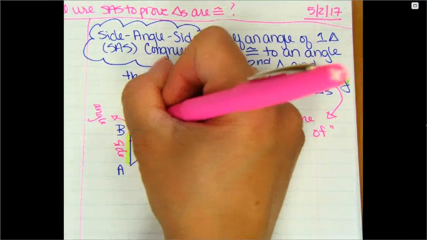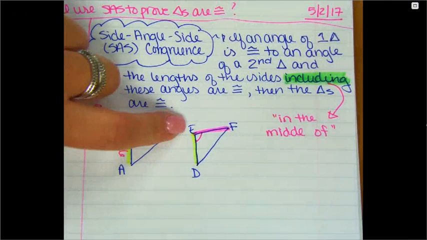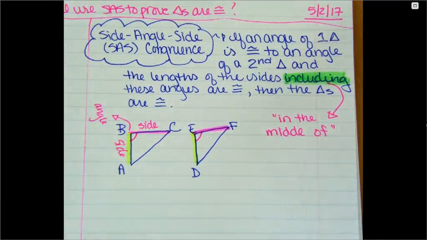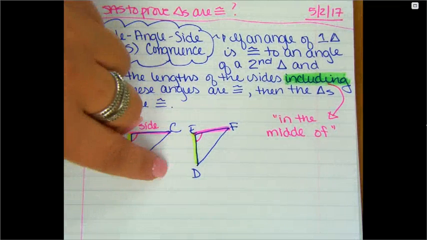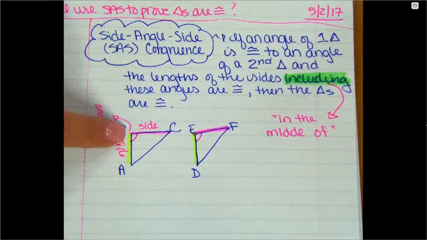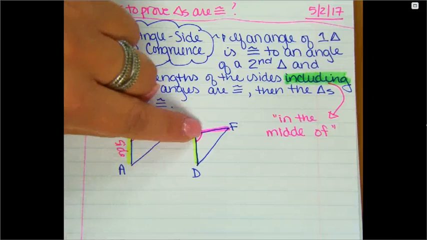Here's my side. Side, angle, side. I don't get to skip around. I cannot go side, side, angle. That doesn't make sense. You can't skip. It has to follow the pattern. So it has to go side, include that same angle, and then the side.